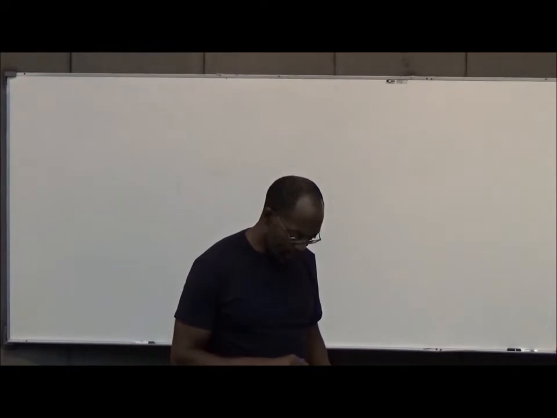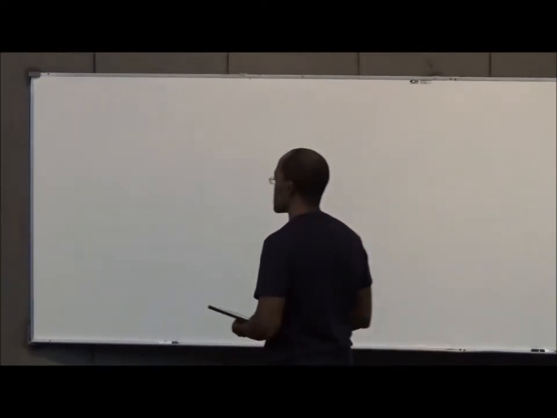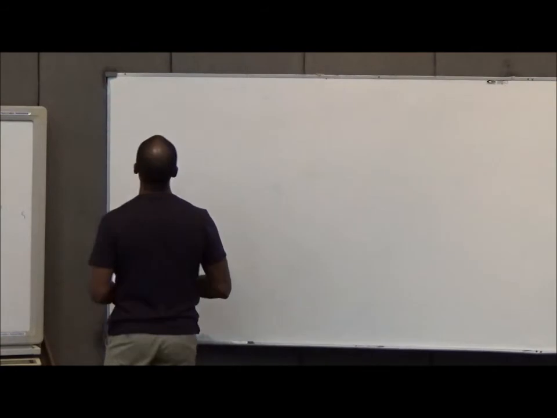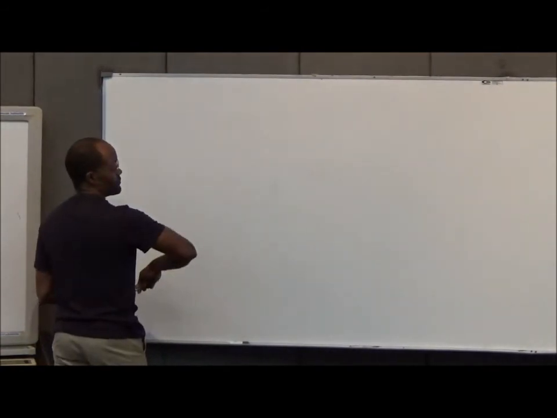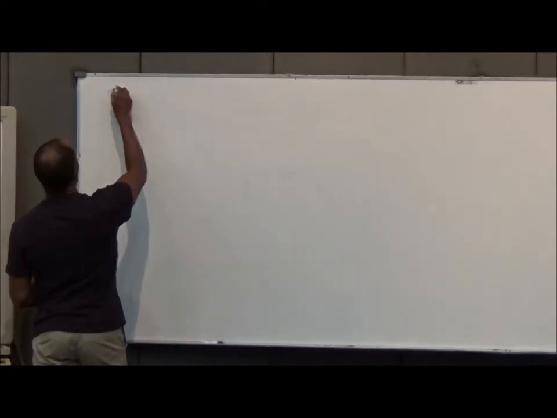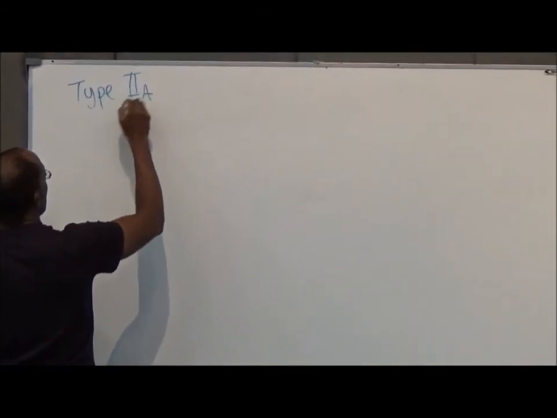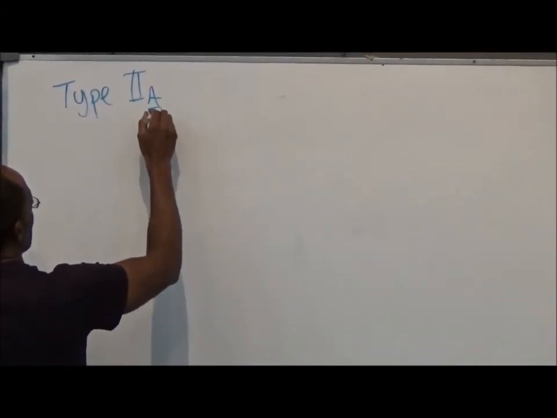So what I need to do here is, let me not write it all out, let me trust that you're taking notes. You have the action for either type IIA or IIB.